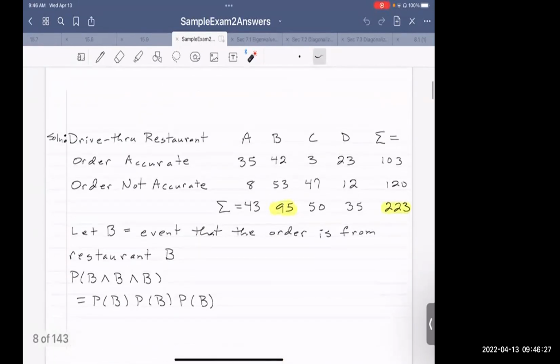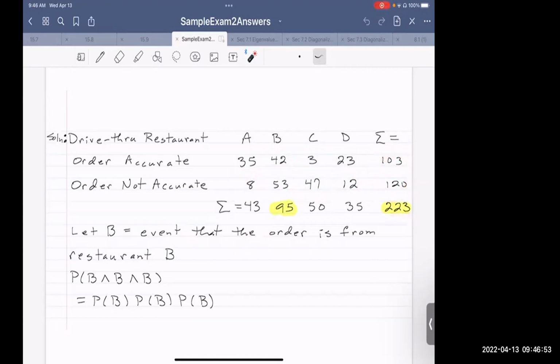So let B be the event that the order is from a restaurant B. And so let's add up each of these. So I have 43, 95, 50, 35. Let's add up these. We get 103, 120. Let's add up these. So we get 223.